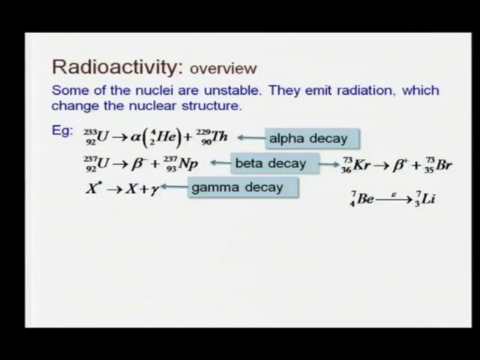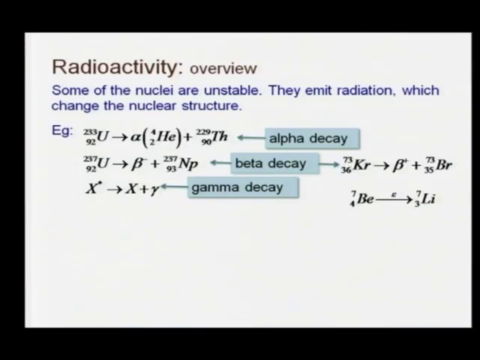And another process that can happen is, apart from the nucleus, in the atom there are these atomic electrons. So, the nucleus sometimes captures, absorbs one of the low lying electrons which are moving around the nucleus in an atom.